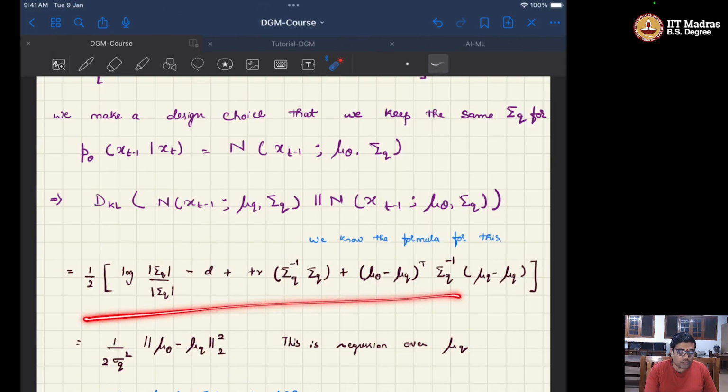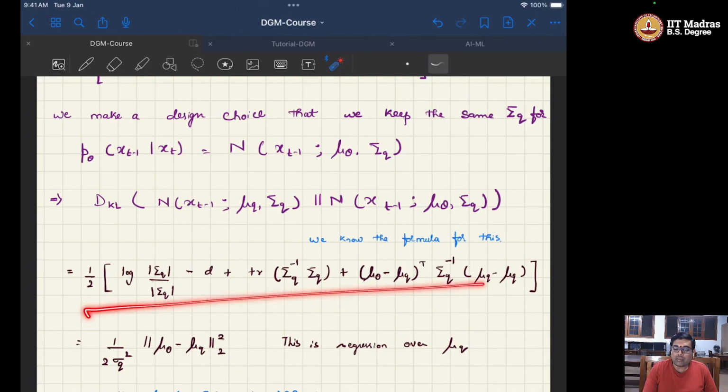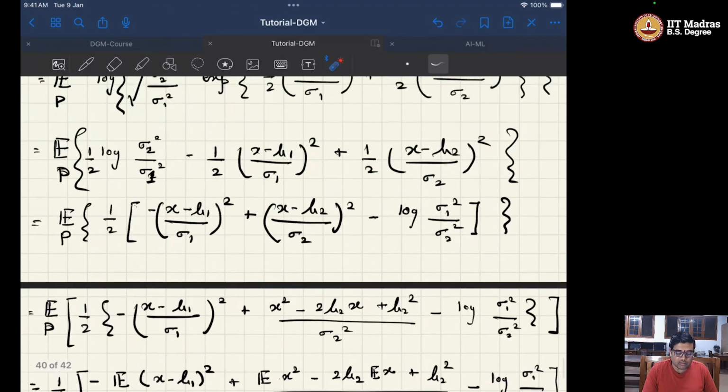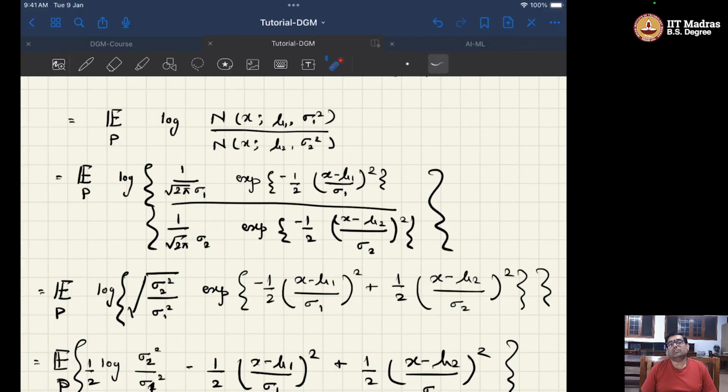Now with this intuition, I urge you to extend the same idea to vector valued random variables, which will be a nice algebraic exercise again. Each time, you should look at the equivalent vector valued substitution for the steps that we have carried out.